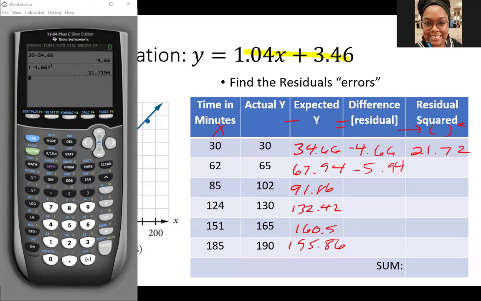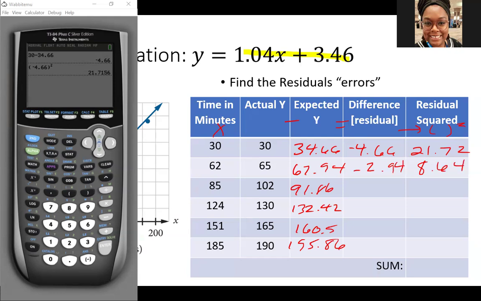Did you get 2? Yeah. Because it should have been 65 minus 67. Okay. What's the square of that? 8 and 64 hundredths. Okay.